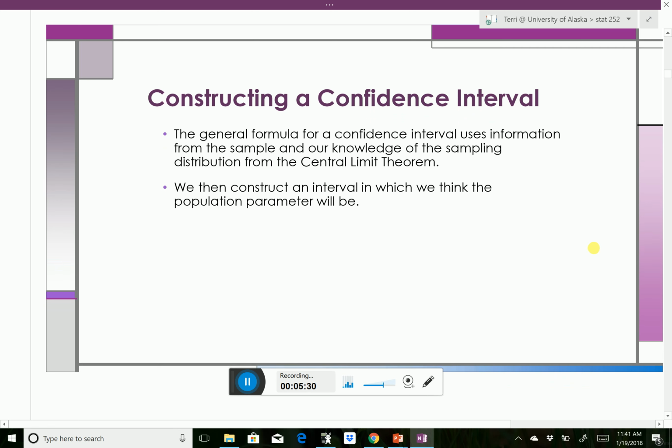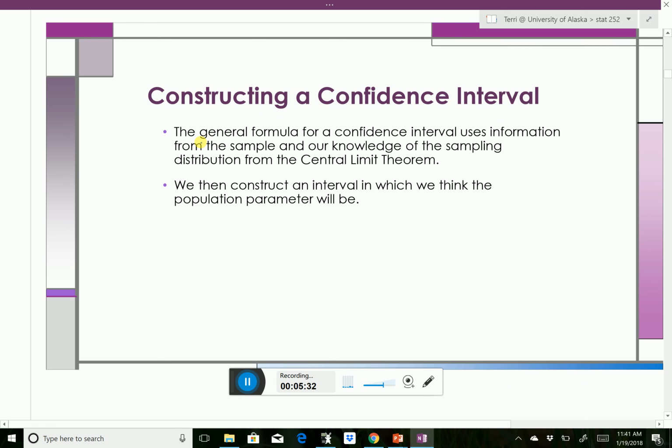So we're going to be using a general formula to figure out our confidence interval. And this uses information from our sample and the central limit theorem.